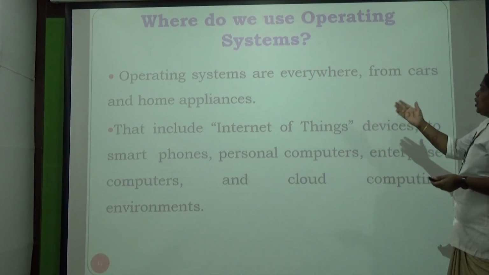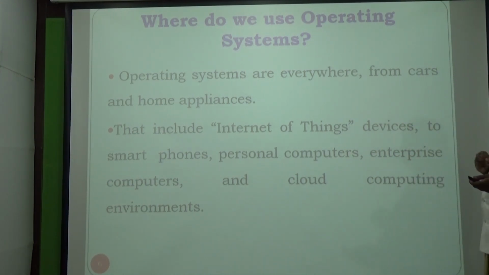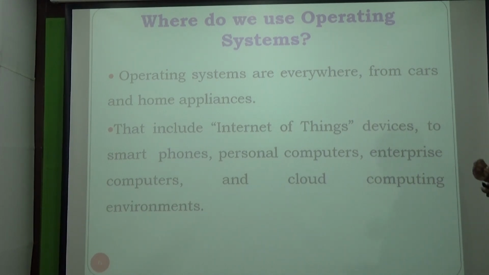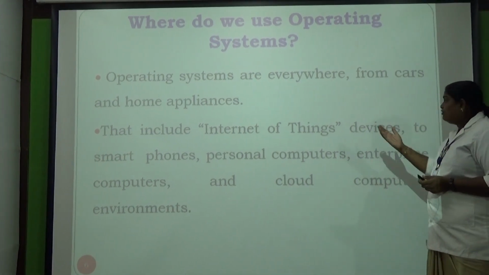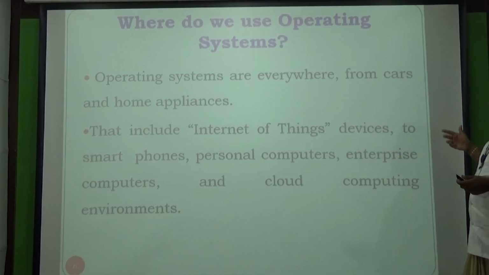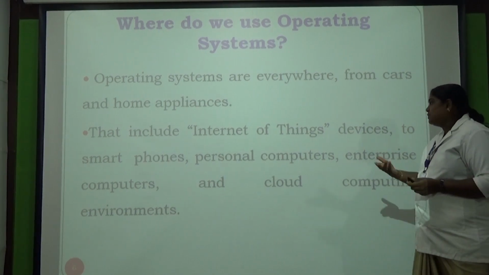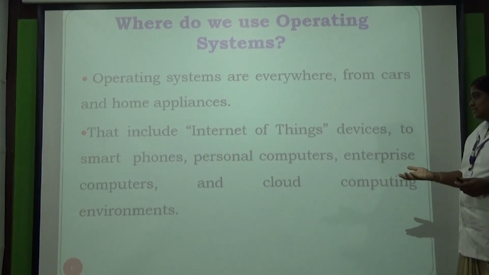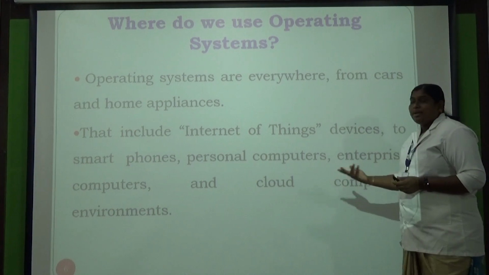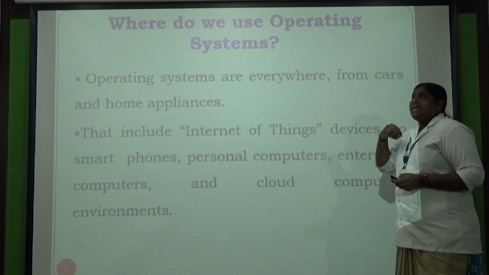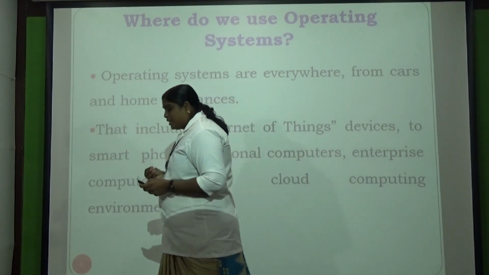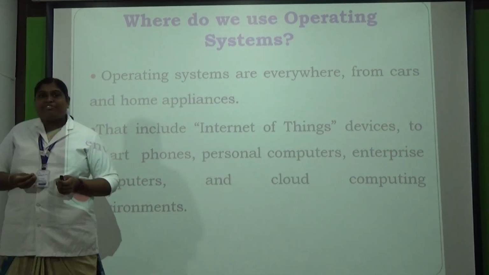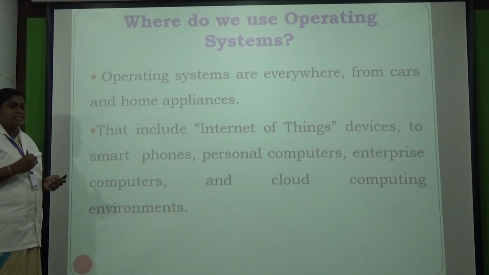So we use operating systems everywhere, in each and every part of our appliances like cars and home appliances. It also includes the Internet of Things, devices that communicate like smartphones, personal computers, enterprise computers, even in a cloud computing environment. So in every area, in every location, in each and every technology, we need different operating systems.